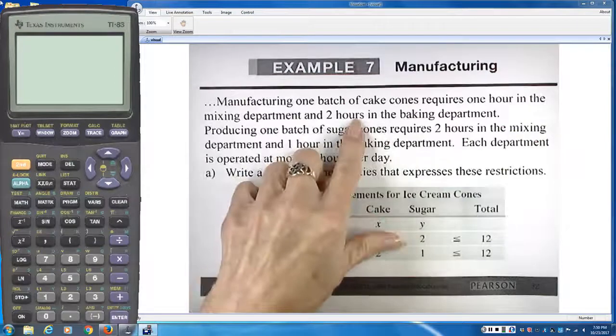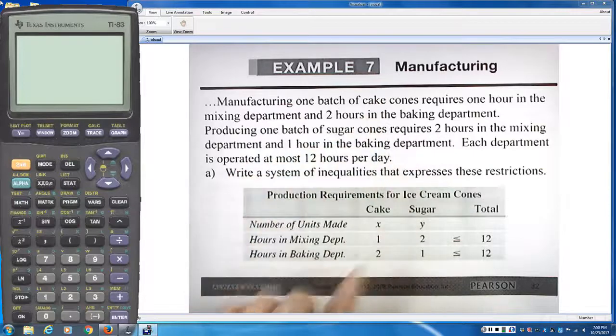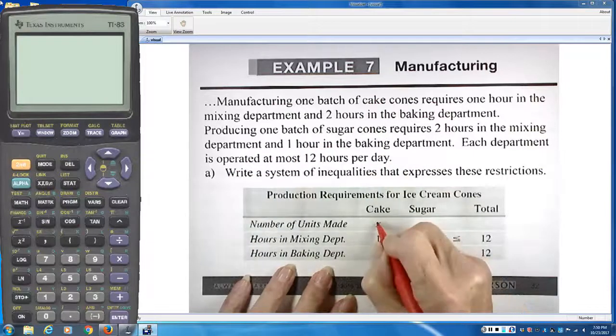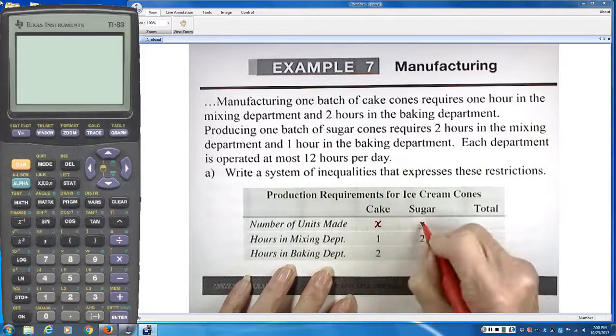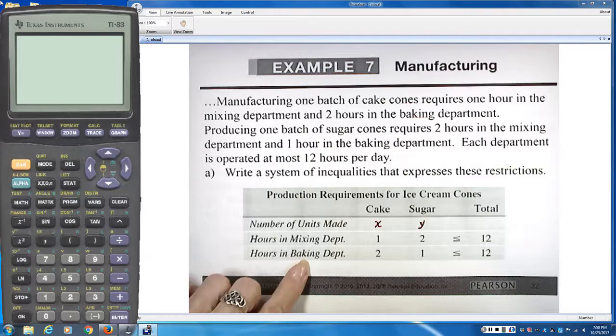So we've got, like we had in the last chapter, two things going on. We're making two different items, cake cones and sugar cones. And we don't know how many to make of either one, which is why there are variables X and Y. And we've got two departments, a mixing department and a baking department.